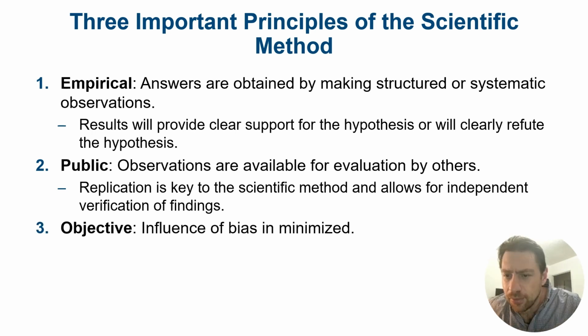Finally, number 3, science attempts to be objective, meaning when designing a study and analyzing the results, we want to do everything in our power to ensure that the outcome is not contaminated by our own biases. Scientists are human. We have feelings.